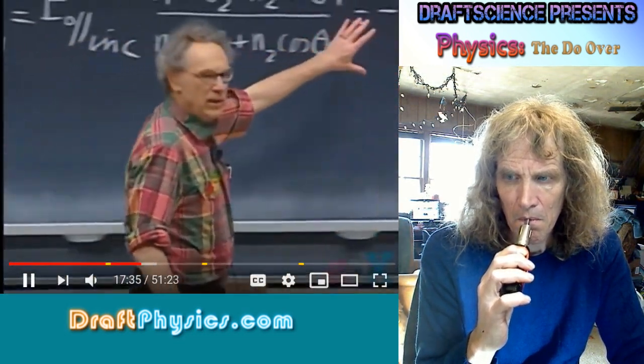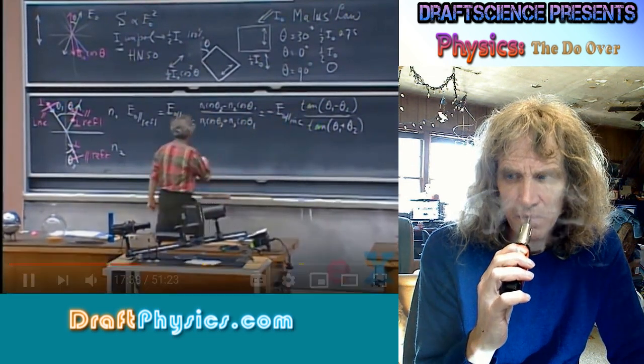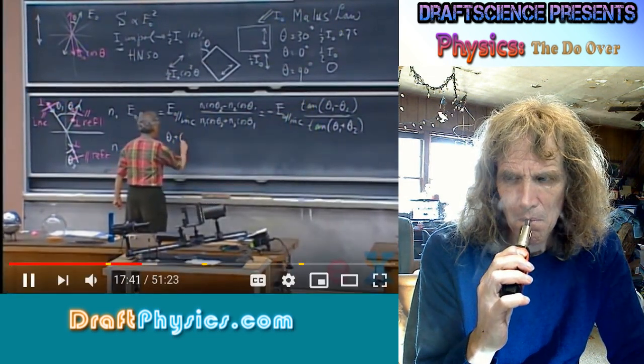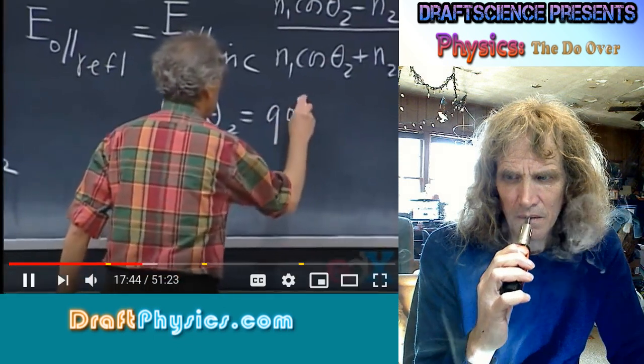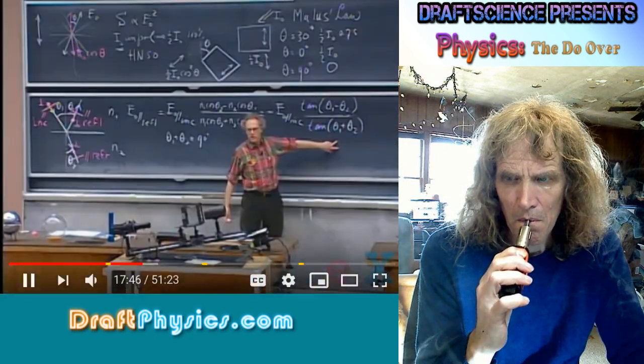There's something very special hidden in this equation, and that is when theta 1 plus theta 2 is 90 degrees, then the downstairs here is infinitely large.